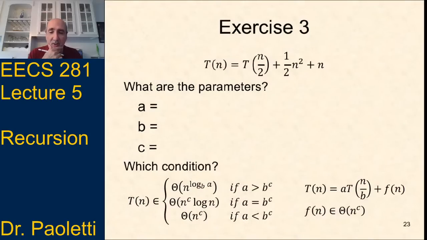Now we've got another example. We've got a new equation. We assume there's a base case that's constant. Figure out A, B, and C for this one, figure out which condition it is, and what's the form of our final equation. After you finish this one, we're going to go back and look at what happened with each of these cases and what it meant.